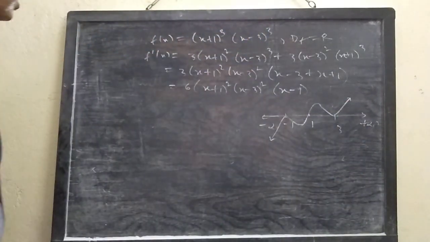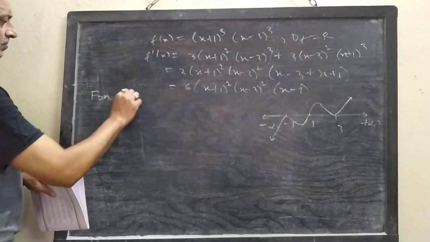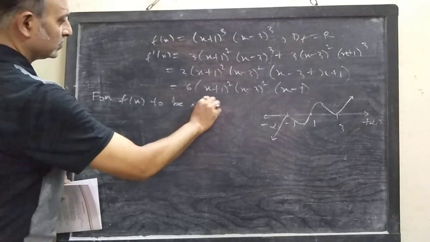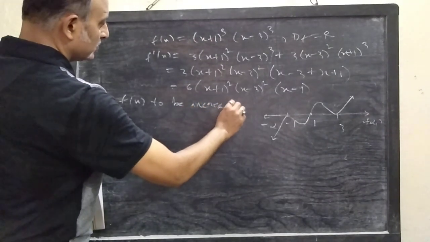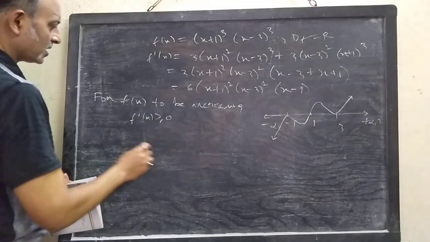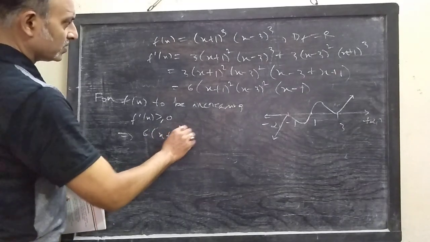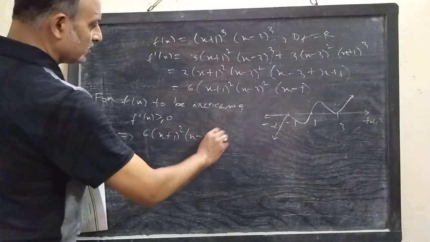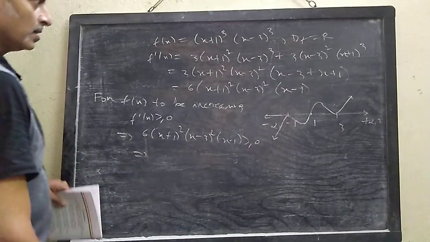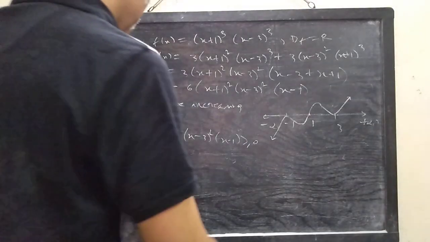Okay, now for f(x) to be increasing, f dash x greater equal 0. That is 6 into x plus 1 whole square, x minus 3 whole square into x minus 1 greater equal 0.